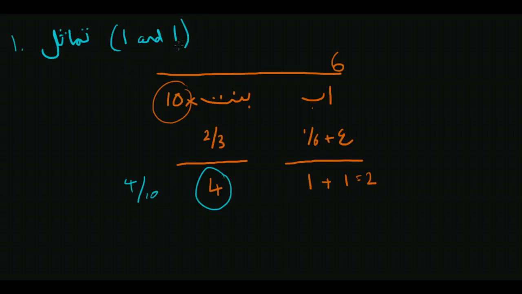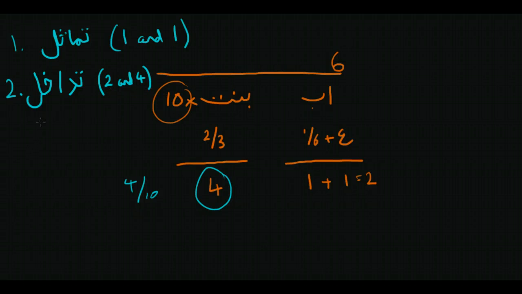We just took either of the numbers and made the masala from that. The second relationship we learned was the dakhul. This is where one number enters into the other number completely without any remainder, such as 2 and 4. So 2 goes into 4 twice without any remainder. This type of relationship is called the dakhul.